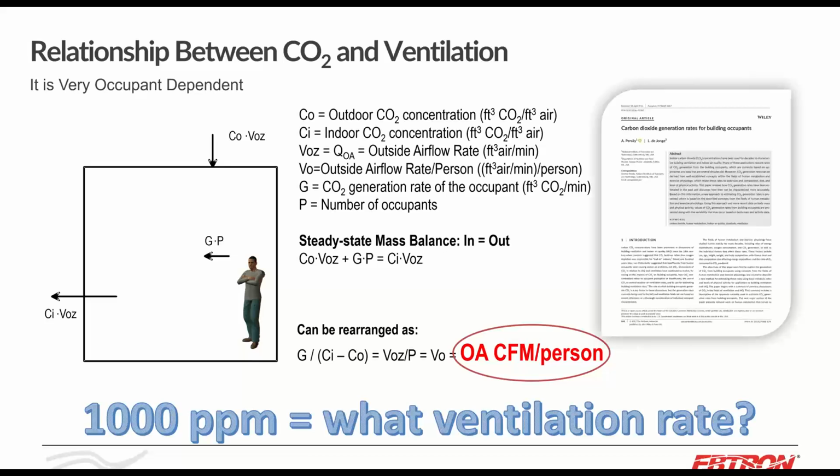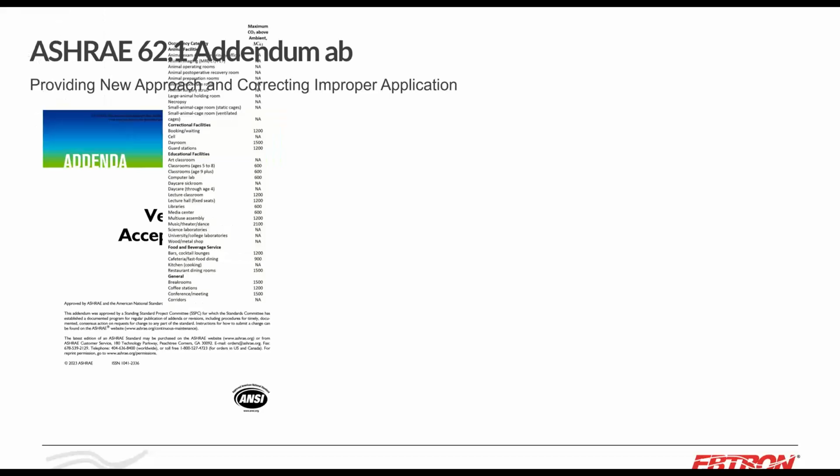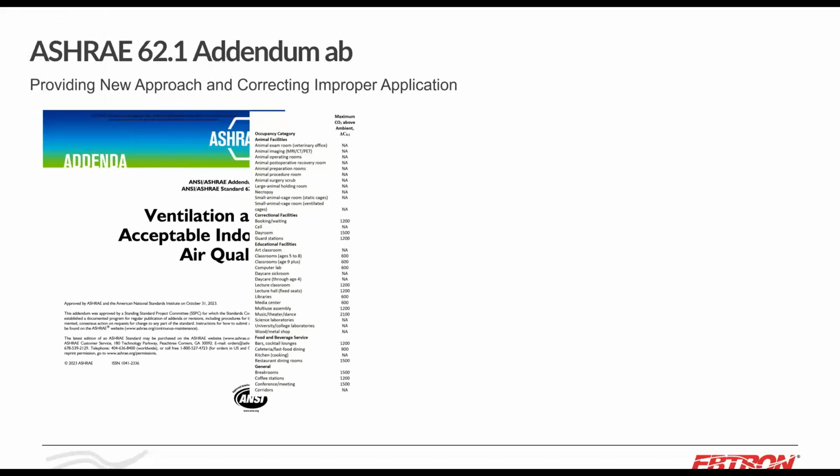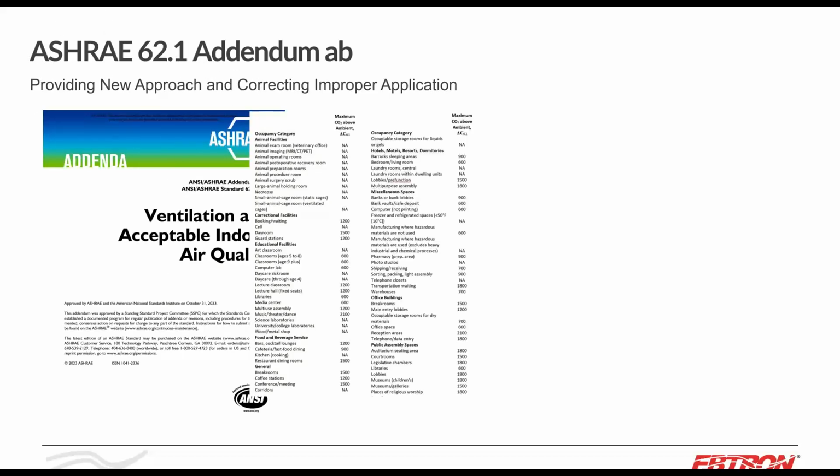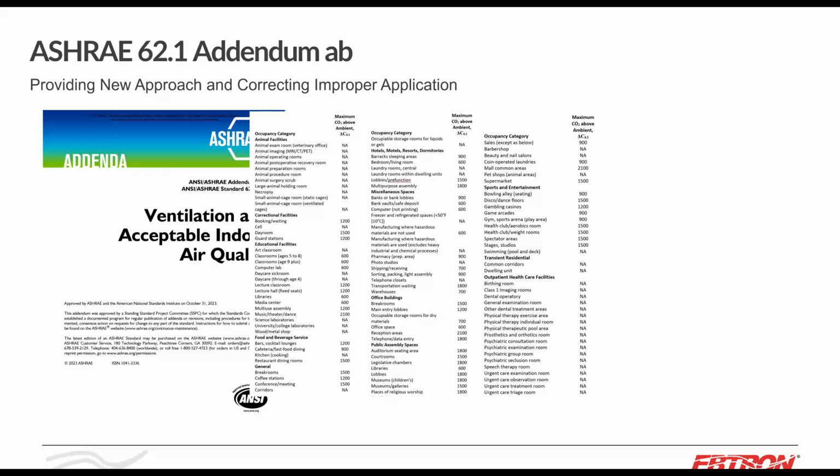And ASHRAE, based on a document that was published about 8 years ago by Andrew Persily and NIST on how to calculate CO2, we published a new version of 62.1 for DCV. It's called Addendum AB, and I'm going to review that quickly here. So you can see that we have all these different spaces, all different breathing zones, and we have default delta CO2 limits.